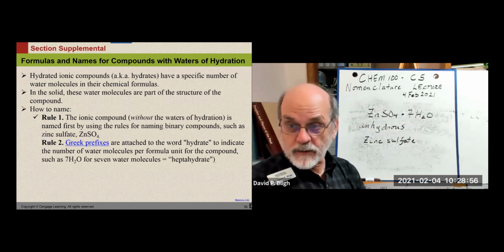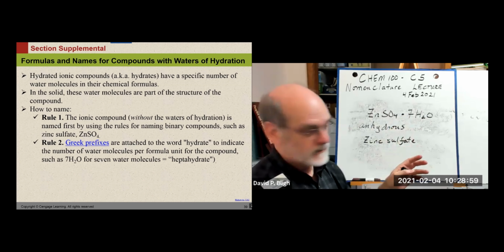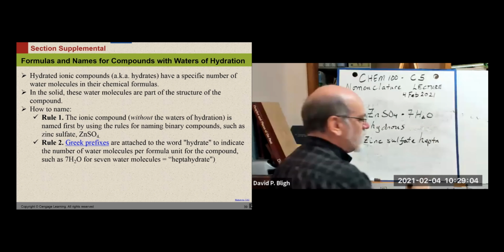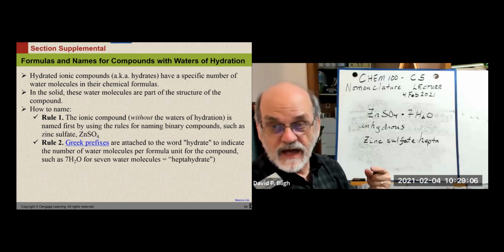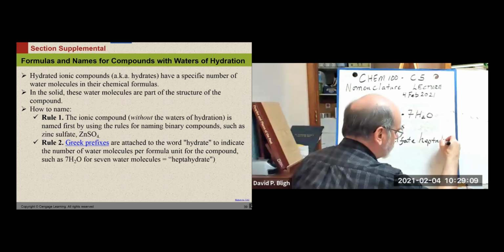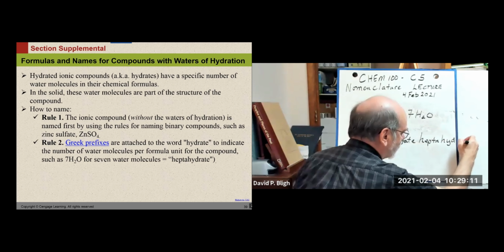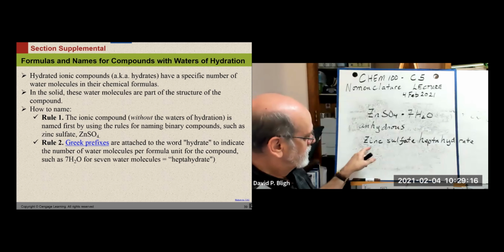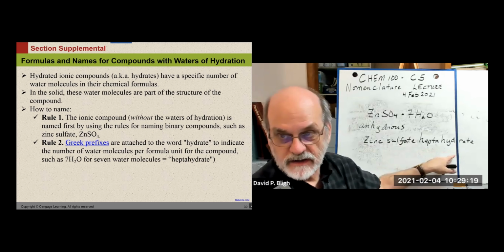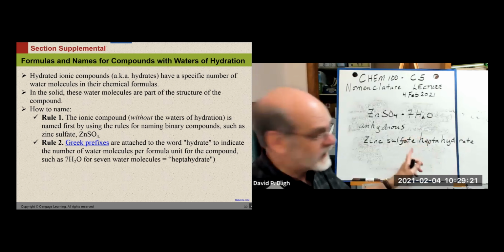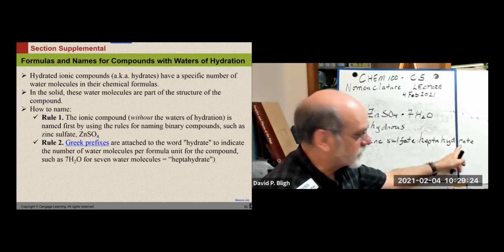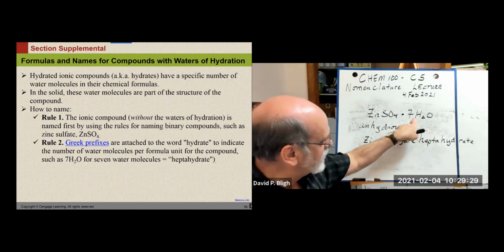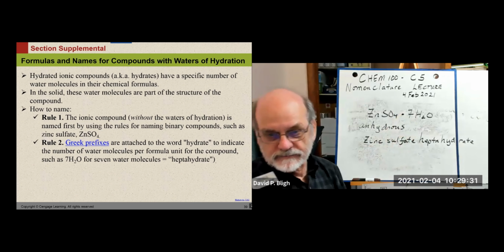Well, we use the same Greek prefixes. 7 is hepta. So we say hepta. And the word for water in this case is hydrate. So there's the name of that compound. Zinc sulfate heptahydrate. And we know from convention that with this out here, these waters are separate. So you write this one first, and then you put these up here, separated by a dot.